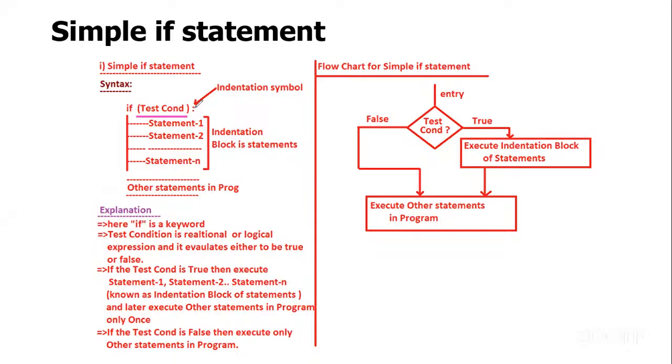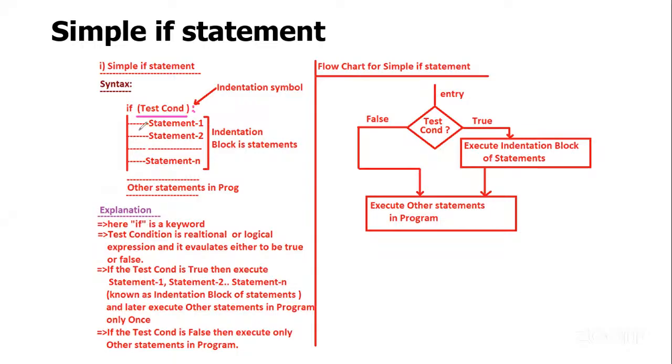Then next to the test condition, we'll have the colon, which is called the indentation symbol. The moment you have kept this indentation symbol and you go to the next line, by default it leaves some spaces.